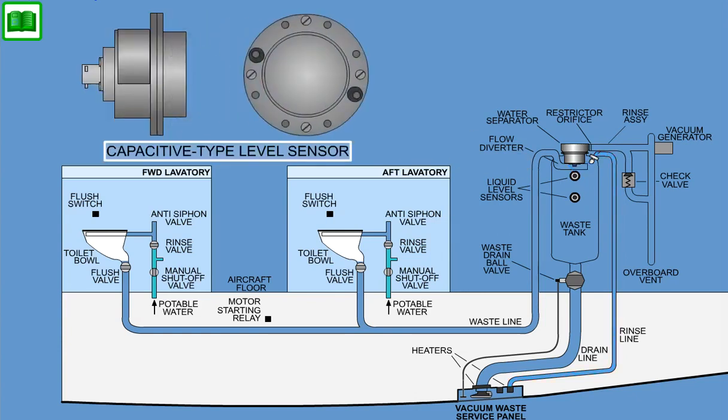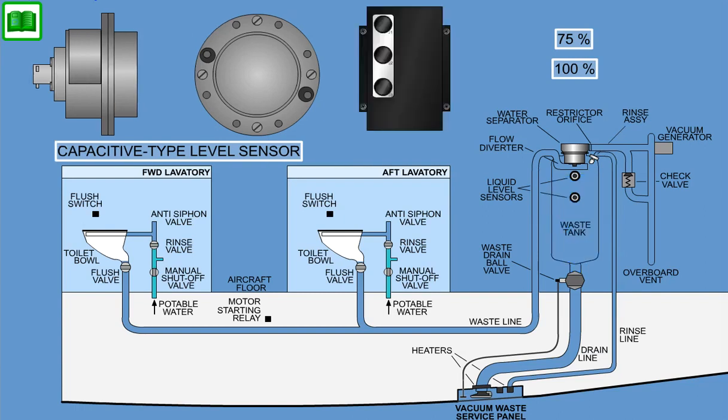Two capacitive-type level sensors are used on the waste tank to detect liquid on the sensing surface. They are located so that fluid in the tank is detected when it reaches 75% and its full or 100% capacity. The sensors are electrically connected to the WWSC to transmit a 75% or full signal.